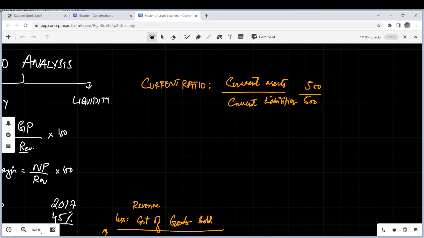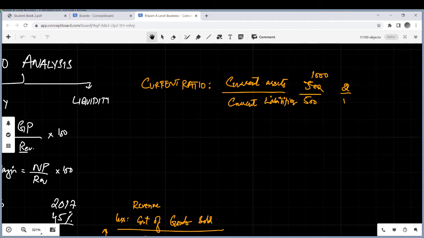It means that you have got just enough current assets to pay off your liabilities. However, if you have got 1,000 million of current assets and just 500 million of current liabilities, then this ratio would come out as 2 is to 1, right?